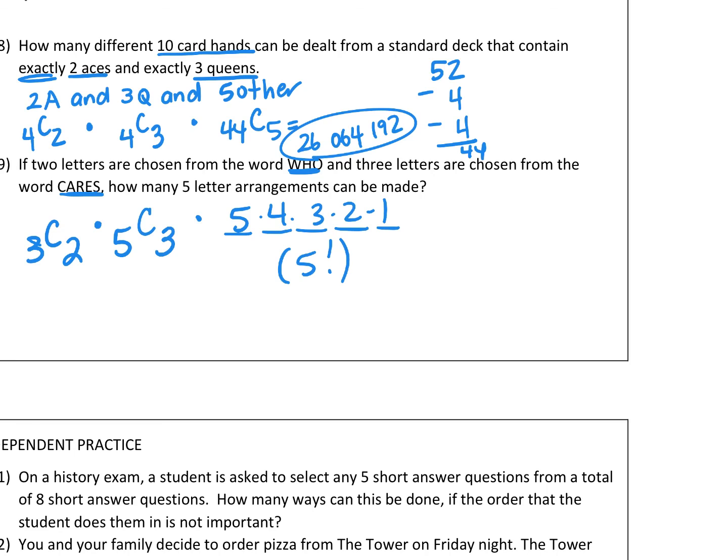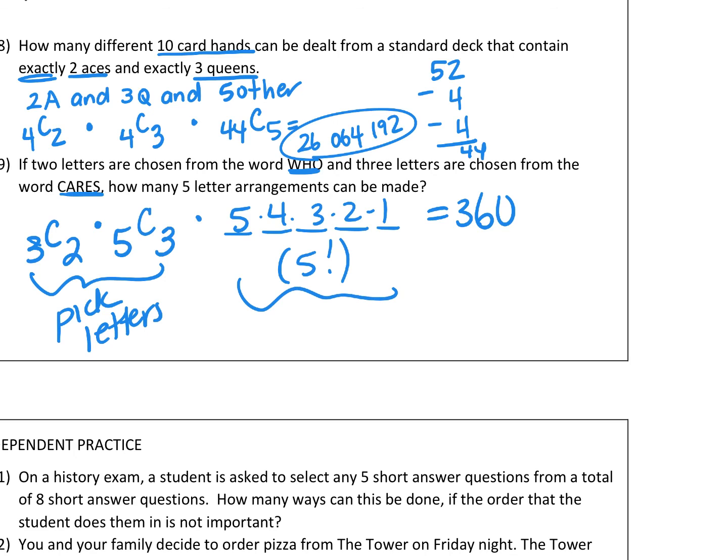So 3C2 times 5C3 times 5 factorial is going to give me 360. So this is picking the letters, and then we're arranging them. This is kind of the culminating question. It's a combination of a combination and a permutation.